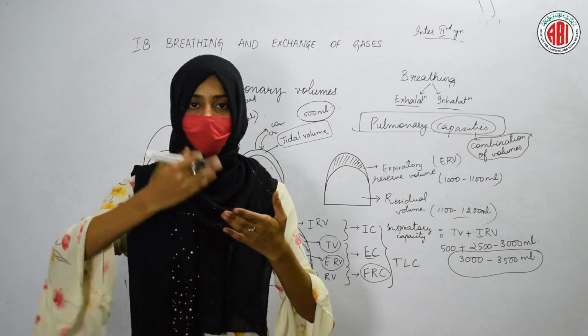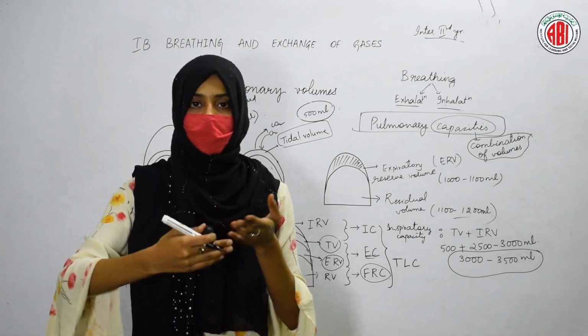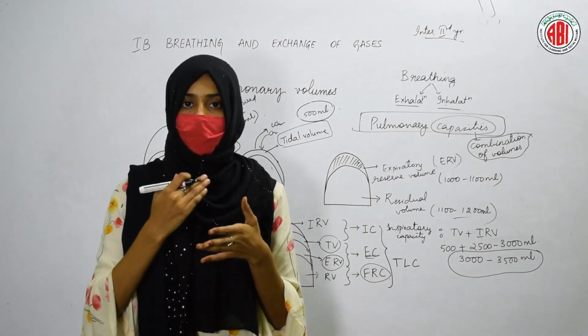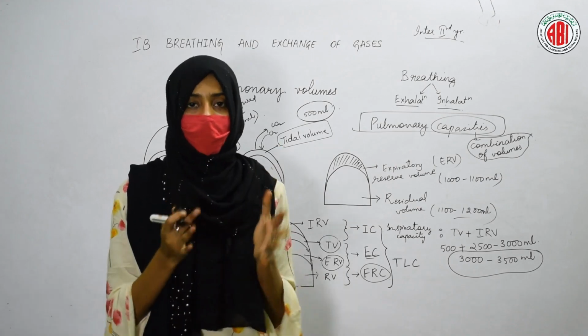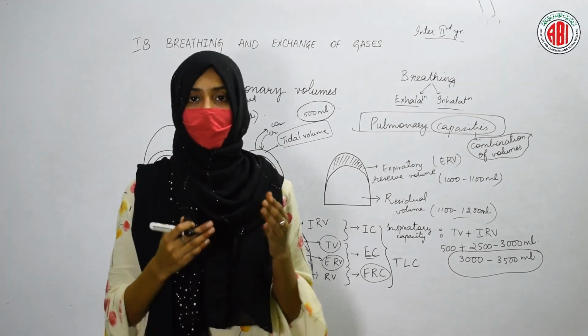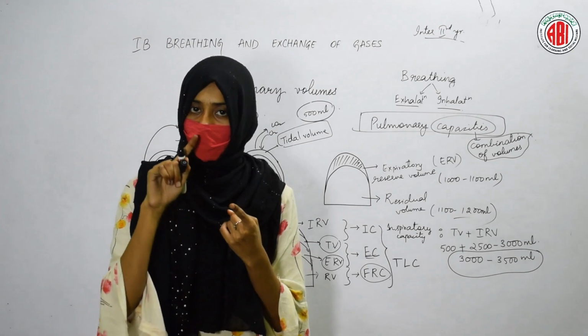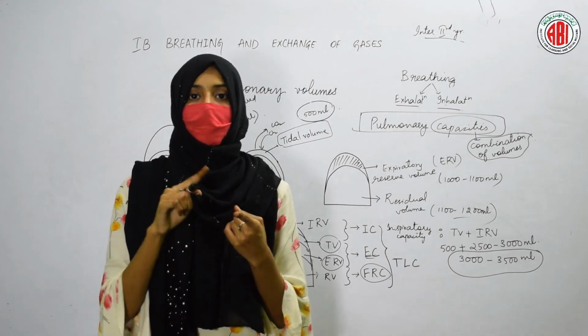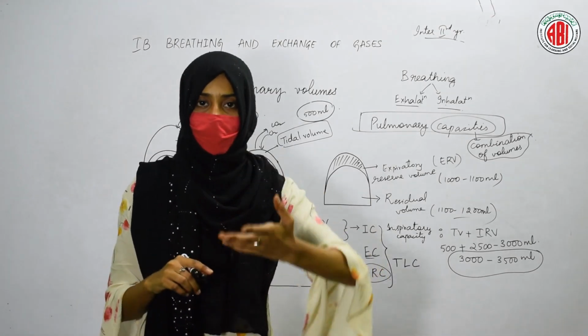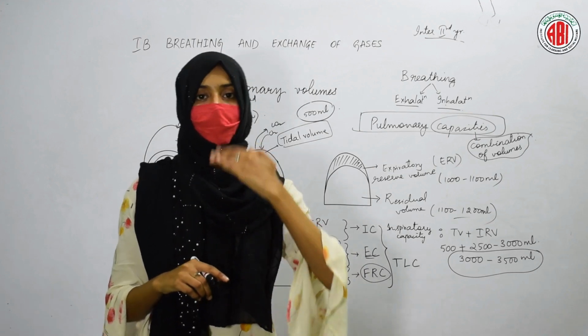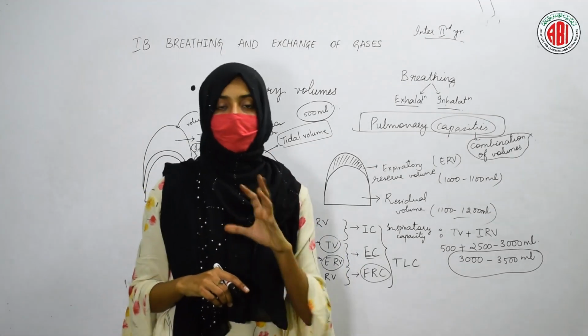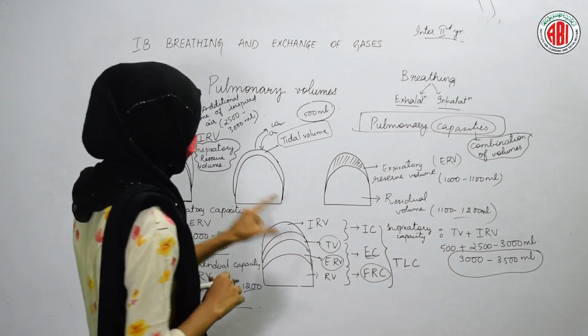And as soon as the forceful expiration takes place, we take the air in forcefully. That means after a normal inspiration and expiration, a forceful expiration happens, and then a forceful inspiration is going to happen. This type of capacity is called vital capacity.